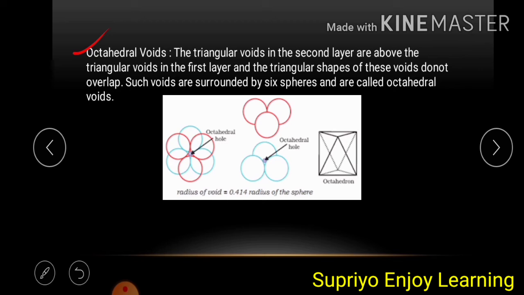When the spheres of the second layer are placed such that the triangular voids in the second layer are above the triangular voids in the first layer, and the spheres of these voids do not overlap because the apex of one triangle is downward, another is upward, such voids are surrounded by 6 spheres and are called octahedral voids.